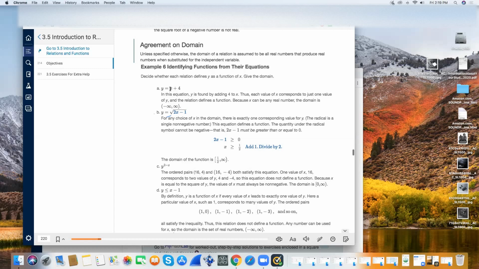For example, if x is 1, what would the y be? It can be from negative infinity to infinity. If x is 1, 1 plus 4 would be y.